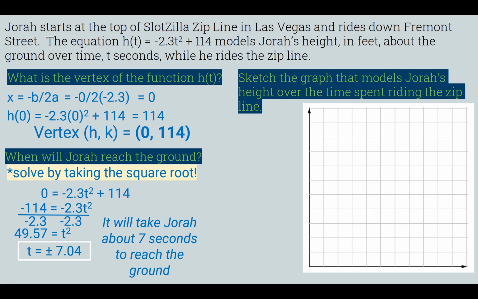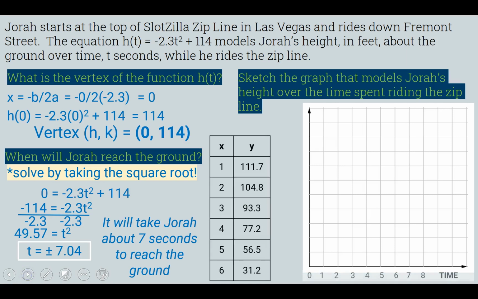Okay? I'm going to give you a table to help make the points in the middle more exact. And all I'm doing is plugging in 1, 2, 3. The y's are going to count by 20. The x's are going to count by 1s. I've given you a table of values, and I figured that out because it took 7 seconds. So I plugged in 1, 2, 3, 4, 5, 6.